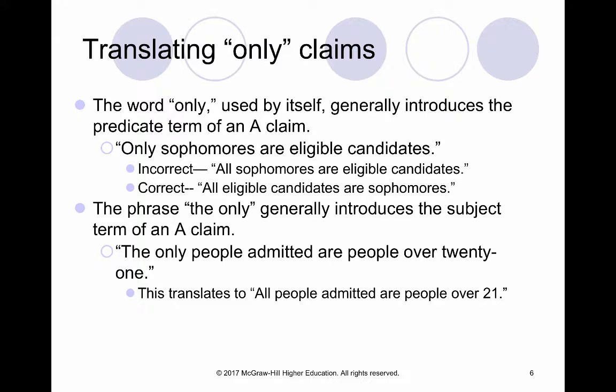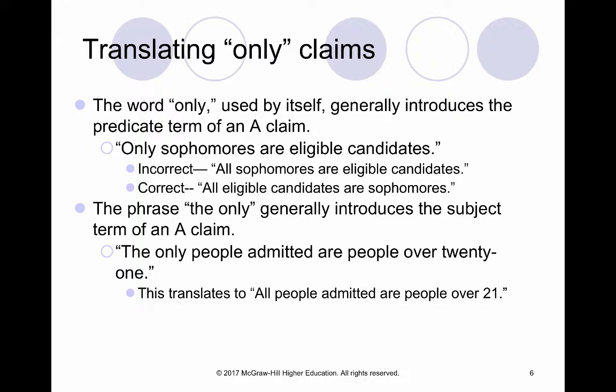When you see the word only used by itself at the beginning of a claim, that means that what comes after it is the predicate, not the subject of the claim. So in order for it to be in proper standard form, you need to flip those terms around. So the correct form for this A claim is all eligible candidates are sophomores. That is equivalent, in other words, it means the same thing as the original statement.